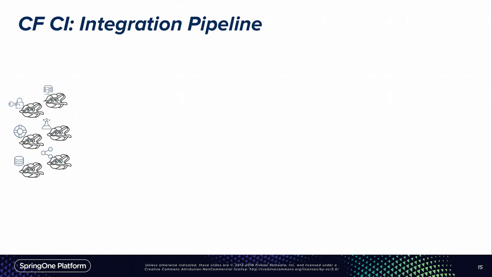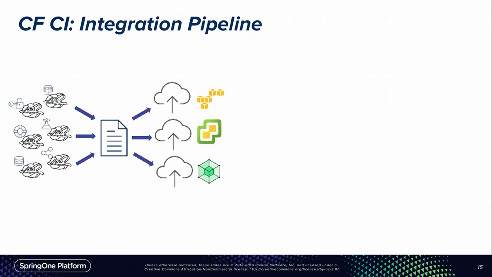So now the integration pipeline consumes them, and it constructs a manifest saying, here are all the things I'm about to deploy together.